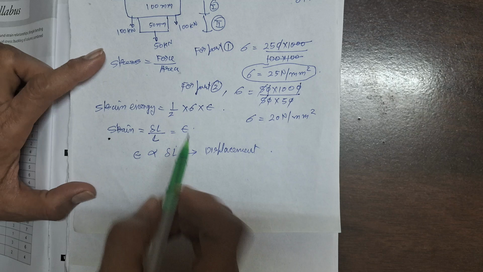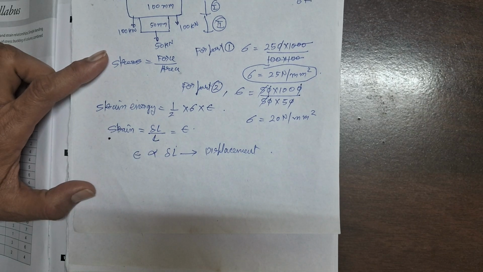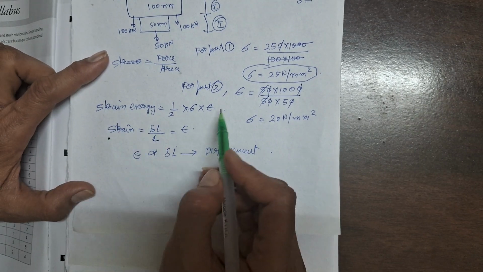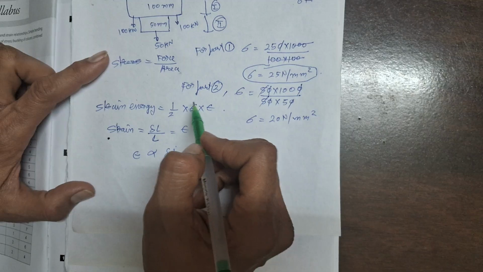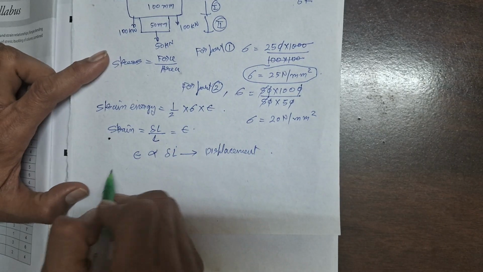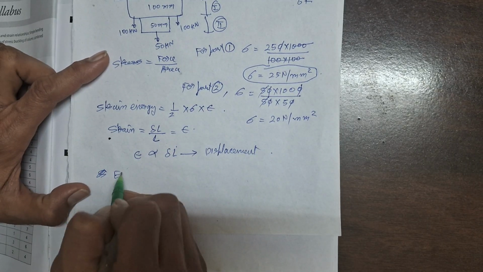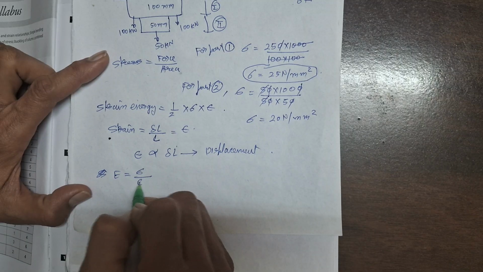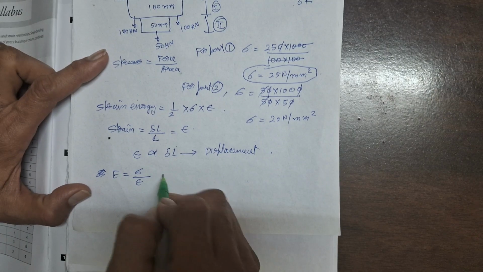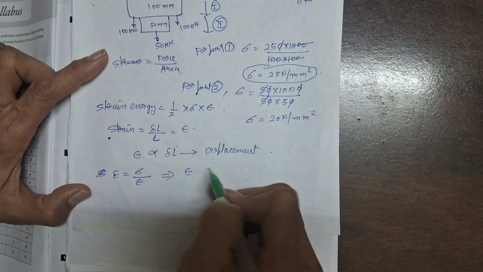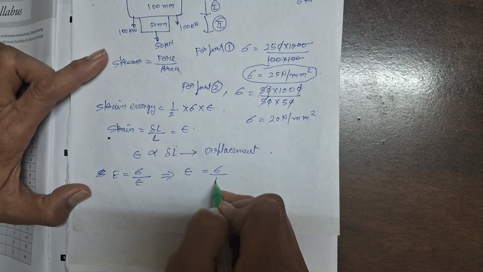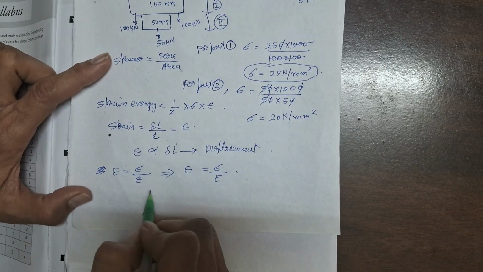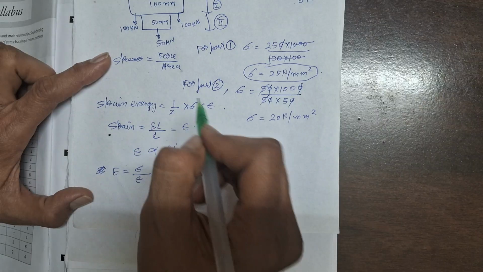Now they have asked regarding the strain energy. So in strain energy, how can you convert it? We know that E is equal to stress upon strain, sigma upon epsilon. So sigma is equal to E into epsilon. Put that value in this equation.